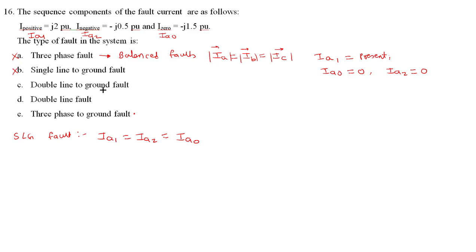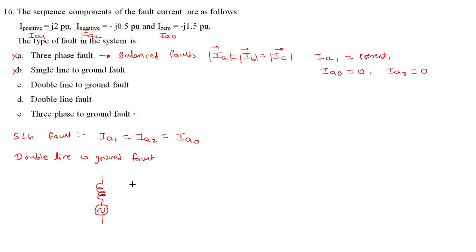Coming to the next, double line to ground fault. Now how can we determine whether it is a double line to ground fault? For that we have to understand how the sequence networks are connected in case of a double line to ground fault. For a double line to ground fault, all the three networks are connected in parallel.